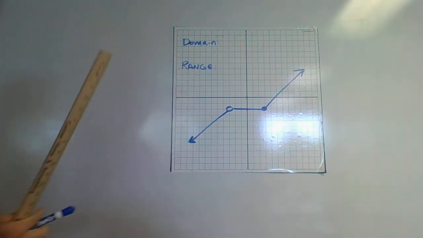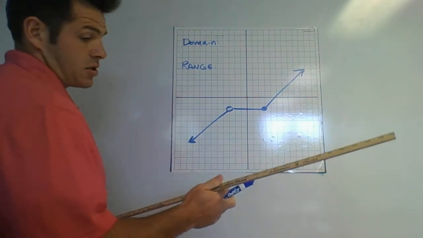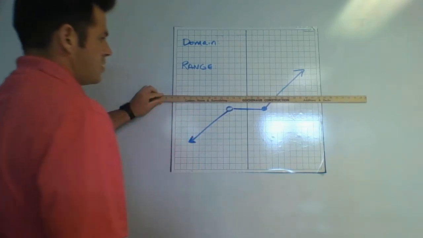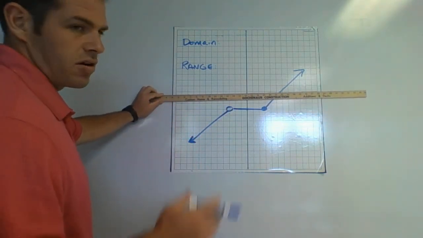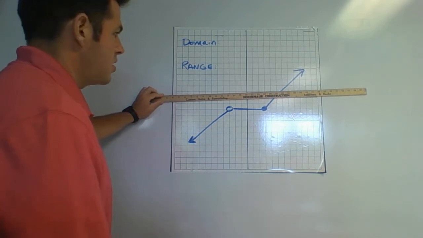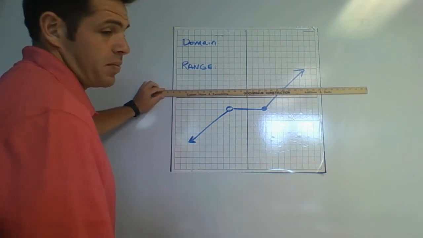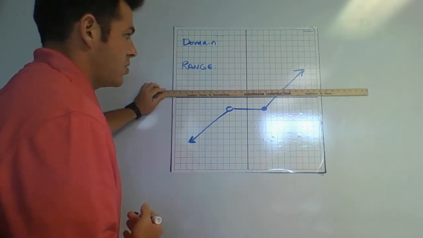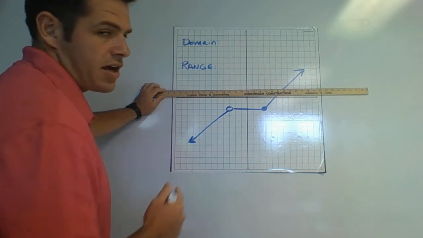So when we're talking about domain, I'm talking about my x values here. I want to consider, as I move from left to right, would there be any points at a specific location on our x-axis, which I have up here as my ruler.